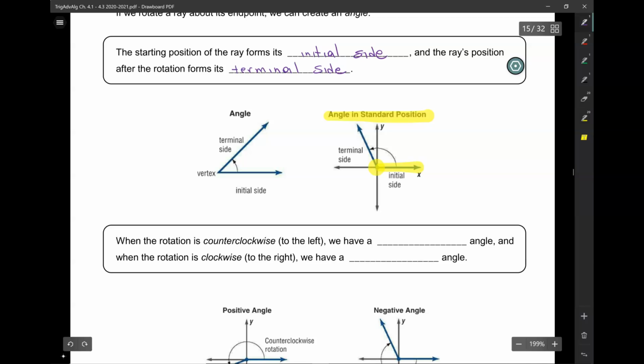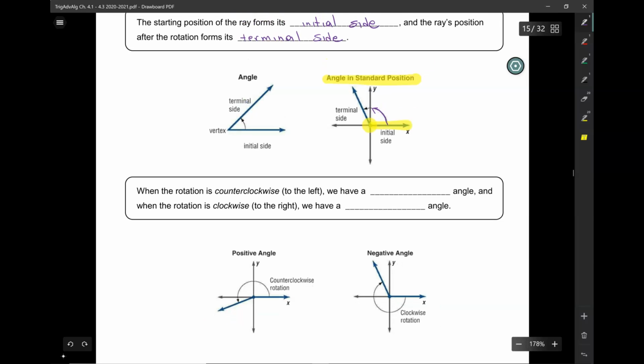Now, when I start from the x-axis, I can rotate that second ray up and to the left like this. That's the counterclockwise direction, and when I do that, I create a positive angle. When I rotate to the bottom, clockwise, I create a negative angle.